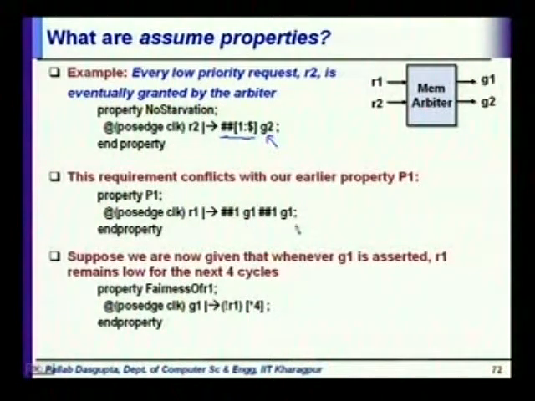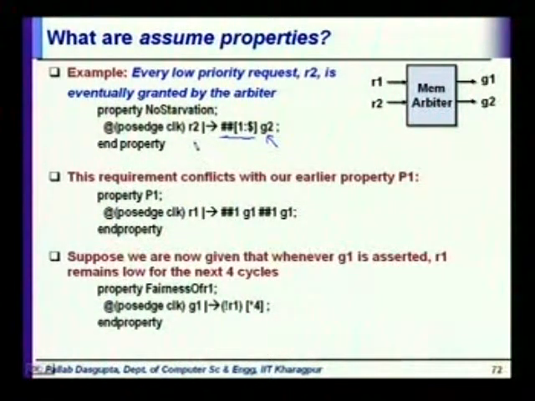If G1 is high forever, then nowhere in the future can G2 be asserted, because G1 and G2 cannot be asserted together by virtue of the mutex property. So we cannot satisfy these two together, because additionally we have the mutex property. So the 3 of them cannot be satisfied together.